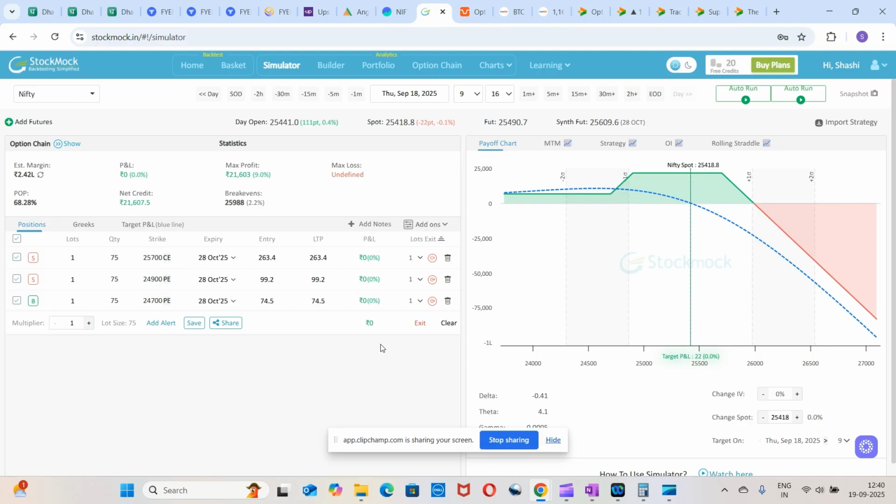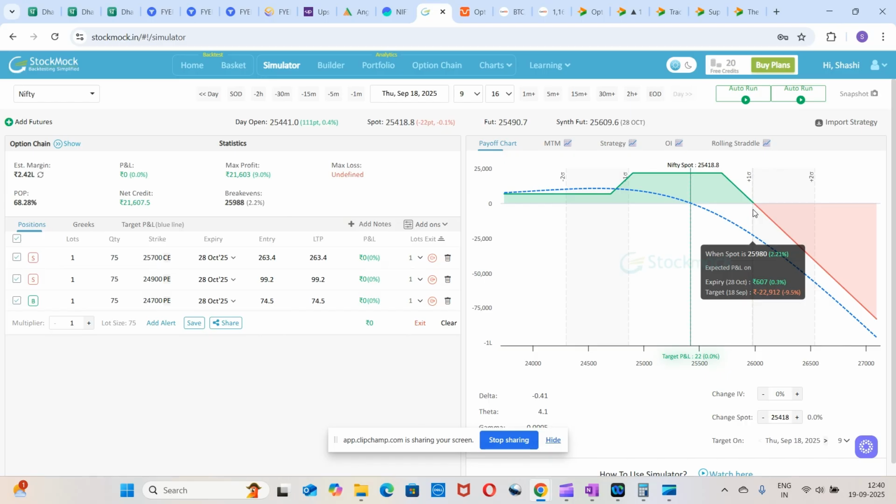I have taken it for the 28th October. So here you would sell a call, and then sell a put and buy a put. Your view is that the market is going to be below 25,700, and you'll get some leeway here, till 25,980.